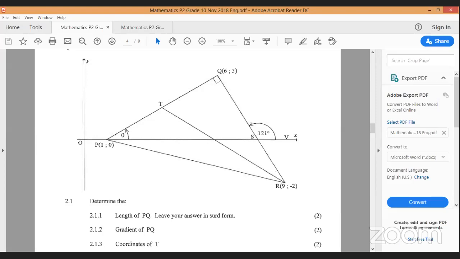Okay, guys, remember trigonometry is part of term 2, right? I've been preaching that trigonometry is part of the term 2's work. We're still under term 1.